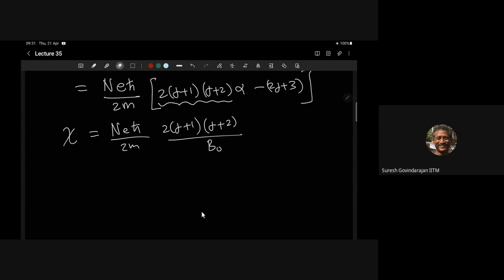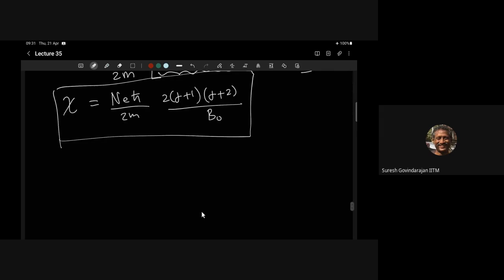So this is what we have. This is a constant which depends on J, and you can see that as J increases, the value goes up.